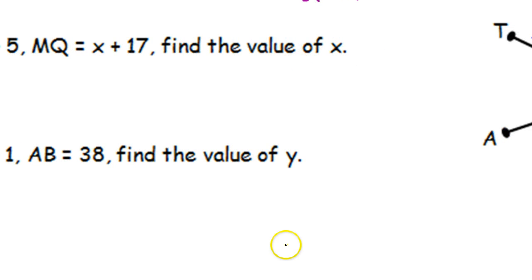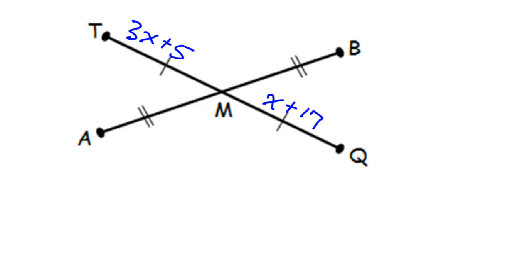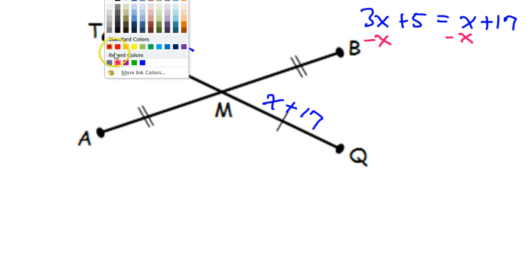Now we're to find the value of x. Well, no problem. See these markings? That means these are the same, which means M is the midpoint, which is great because it starts with the letter M. So what do you think we're going to do? That's right, we're going to set these equal to each other, like you do. So 3x plus 5 is equal to x plus 17. We will subtract x from both sides to get these x's together.